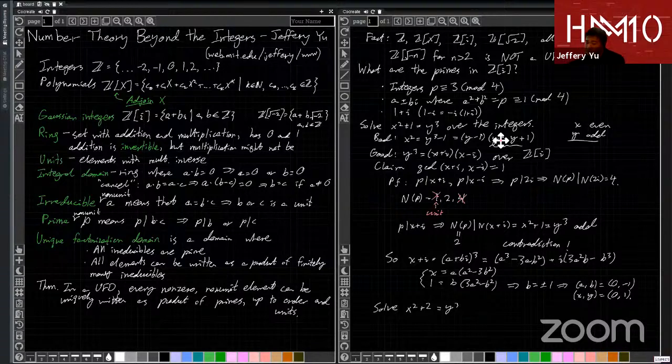For the Gaussian integers and other rings, it's much more tricky, and the way to do it typically involves more advanced math tools in abstract algebra. But a simple way you might try is to show that there exists some variation of the Euclidean algorithm.